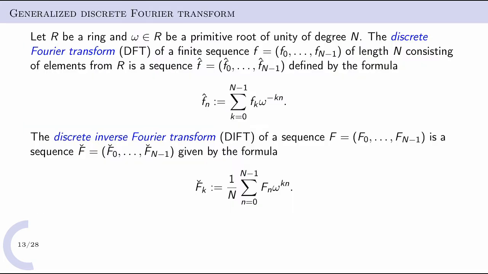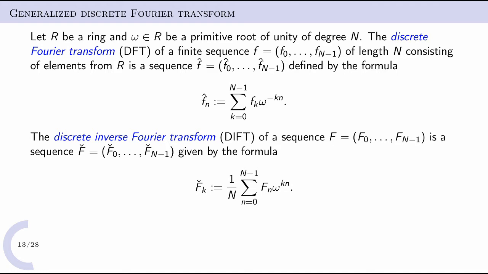So now the general definition of a discrete Fourier transform is the following one. We have a ring and we have a primitive root of unity of degree n. Let me recall that it's a number such that its nth power is 1, and this is the first power where omega to the n becomes 1.